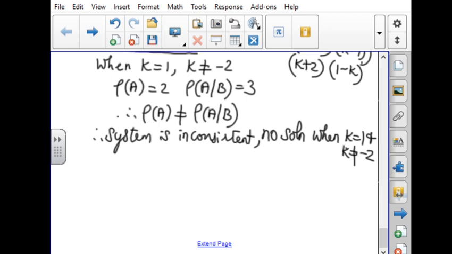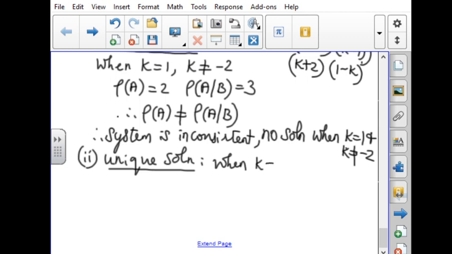Next we are going to discuss the solution for unique. Second one is unique solution. Unique solution means both ranks should be equal and must be equal to 3. So unique solution when k not equal to 1 and k not equal to minus 2. K not equal to 1 means the third row, third column place of A will not be equal to 0. Similarly, the last element of the row of A bar B is also not equal to 0.